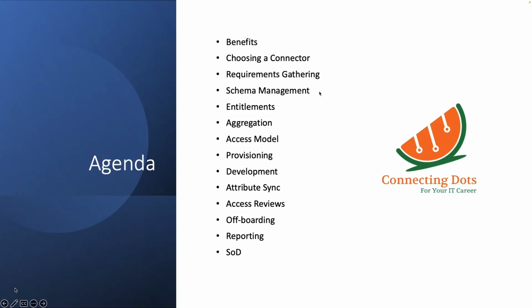Once requirement gathering is done and you have connected to that application, then comes schema management. You need to know what all the attributes are at the application side. Schema is nothing but the attributes that are required for creating an account for a user in that application, right? So talk to them.